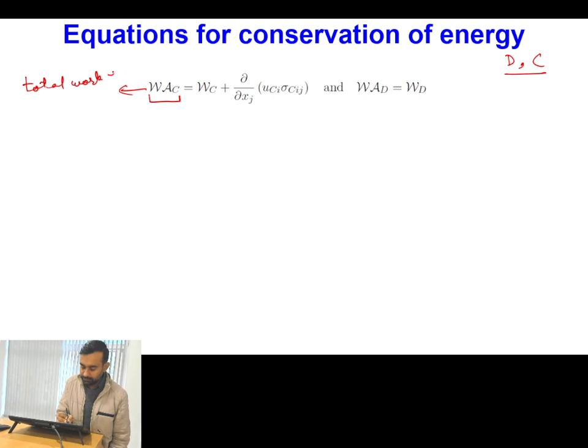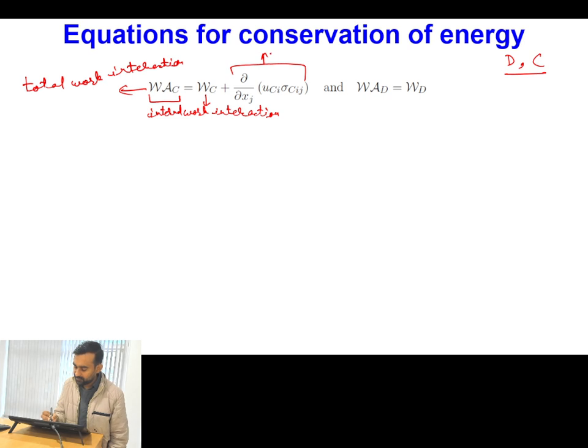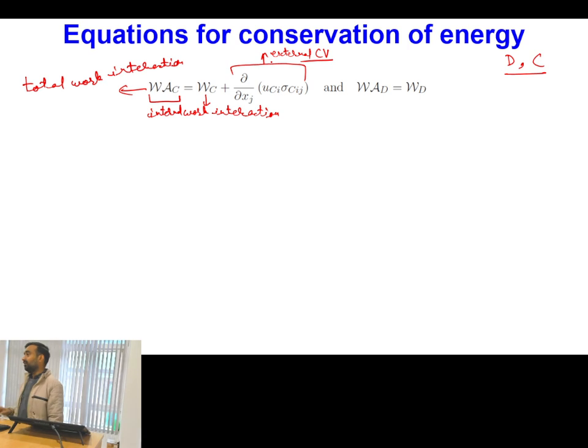Total work interaction for a continuous phase will be equal to internal work interaction plus external work interaction across the boundaries of the control volume. Now what do you mean by this internal work interaction? Can you give me some idea?